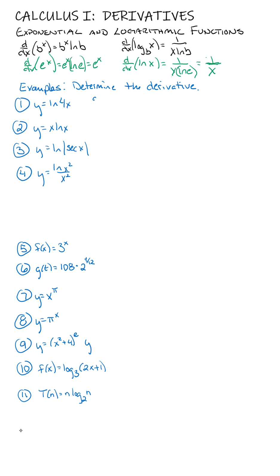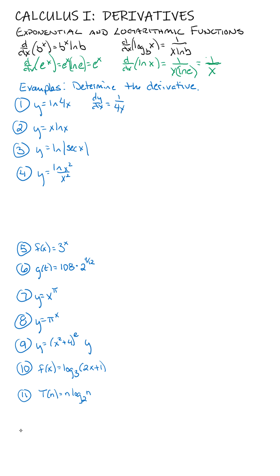So dy dx would be, well, this is a natural log, so again, with the natural log, I could actually just use this version of it. It's simply 1 over x, but of course, in this case, we don't have just an x, we have a 4x, so it's 1 over 4x.